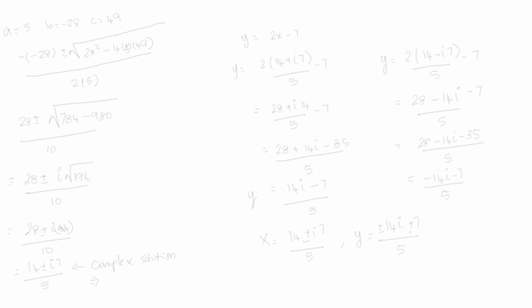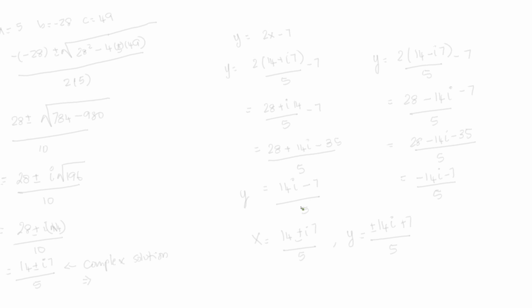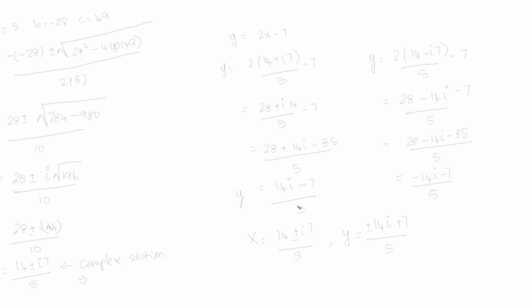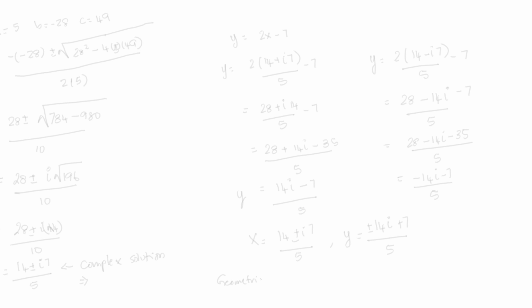Now, if you recall, for a linear system, the solution is the point of intersection of the two lines. So geometrically, we are looking for the points where the circle intersects the line.